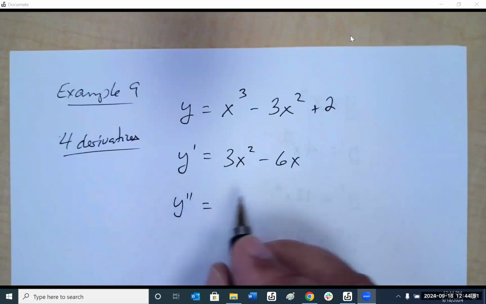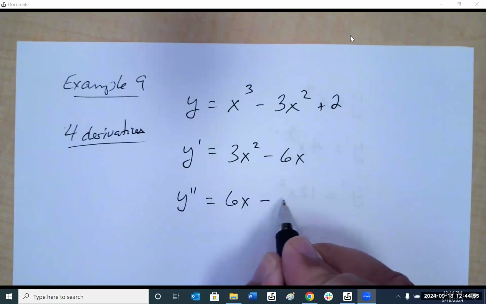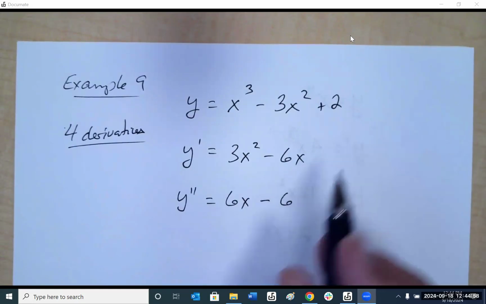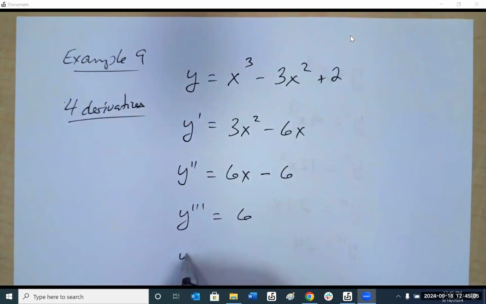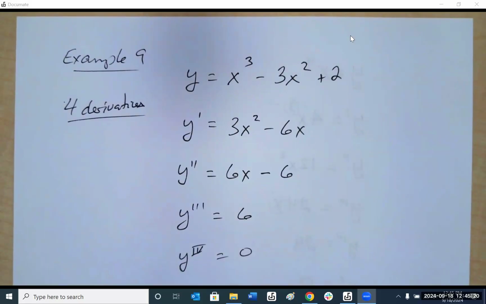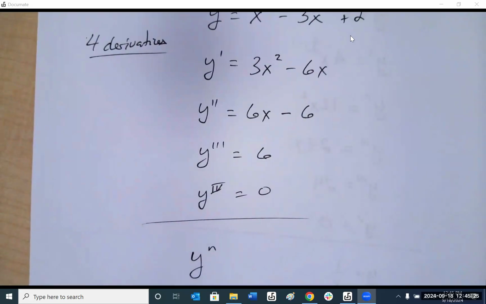Second derivative. Yeah, because x disappears. Third derivative. Fourth derivative. That's how you do it. And what this is saying is we can go on to any nth order derivative.